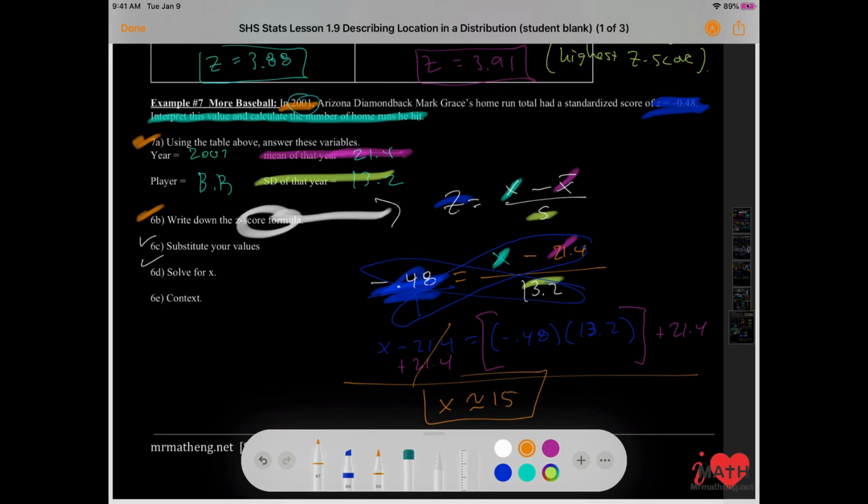What does that mean? Mark Grace hit a home run total. Remember, the negative represents what? Below. The z-score is below league average.